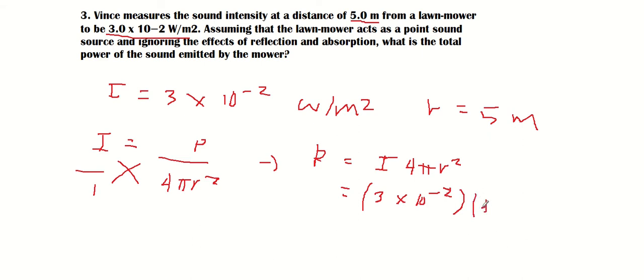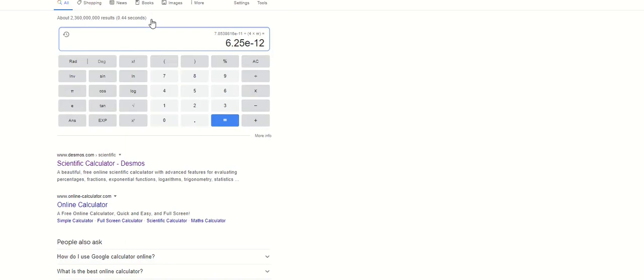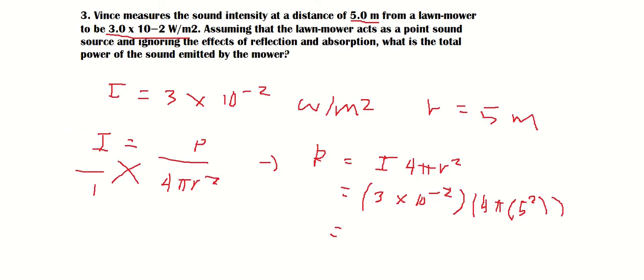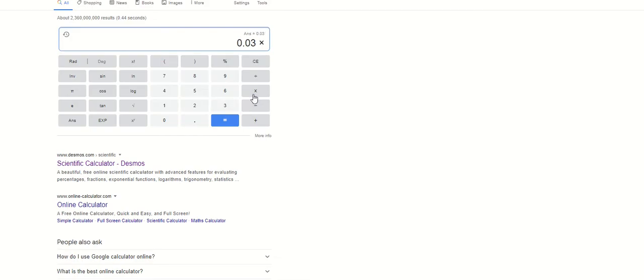Tapos, times mo siya dun sa 4 pi r squared. Yung value ng r natin is 5, raised to 2. Diretso lang solving. 0.03 times 4 times pi, tapos times ko na sa 25, kasi 5 squared is 25. So, nakuha nating sagot is, kung 2 decimal places lang, 9.42 watts.